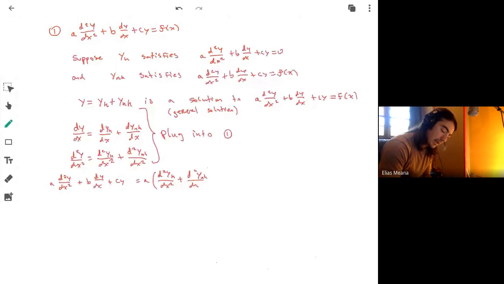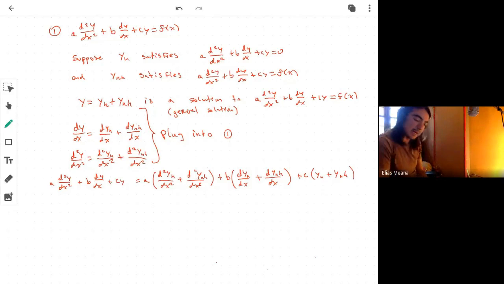Plus b times dyh dx plus dynh dx, right? Plus c times yh plus ynh. Okay, so if this equals f of x, then it's got to be a solution because we're plugging something into our differential equation and it's giving us what we want. So it's got to be a solution, right?